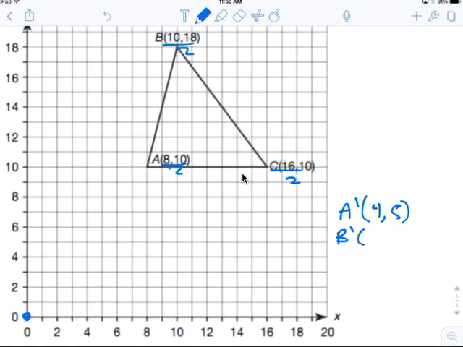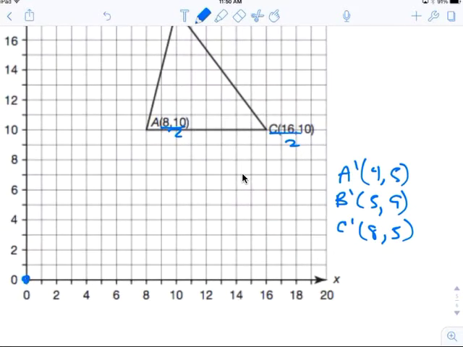B prime is 5, 9. C prime is 8, 5. And then graph it. A, 4, 5. B is 5, 9. C is 8, 5.